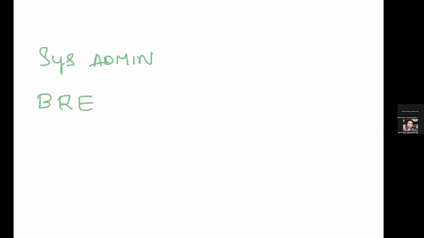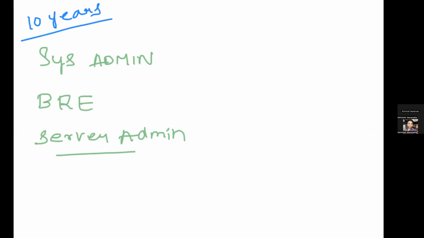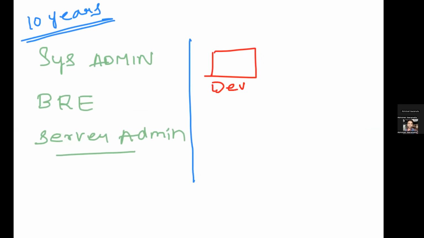Also there are some people called server administrators. All that I'm explaining is before 10 years. For one simple process, the end idea was to deliver this application from the developer's laptop to the customer.